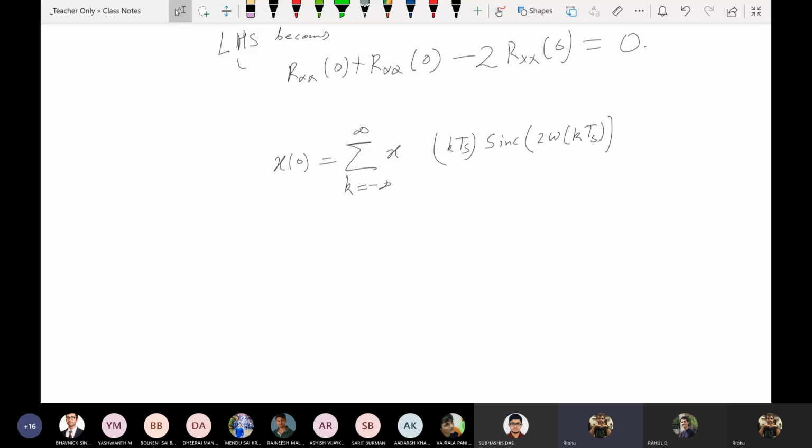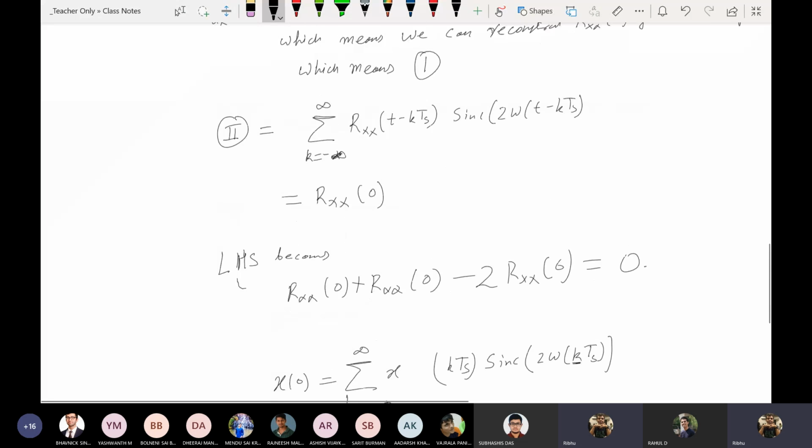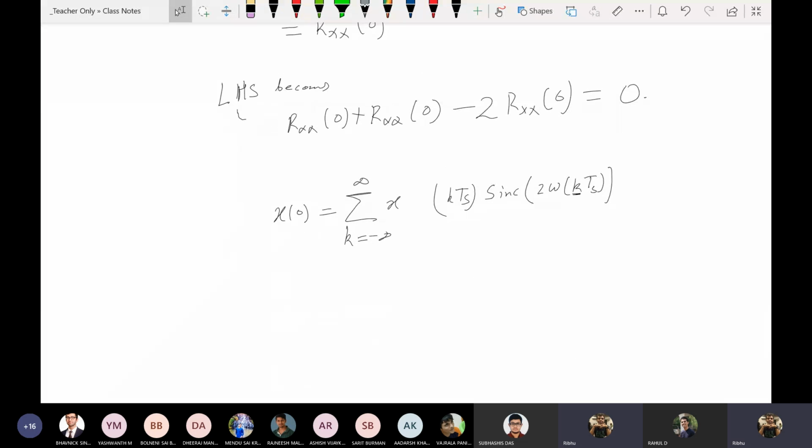See, this will equal x(0) only at k equals 0, otherwise it will be 0. So this is true. You follow this?